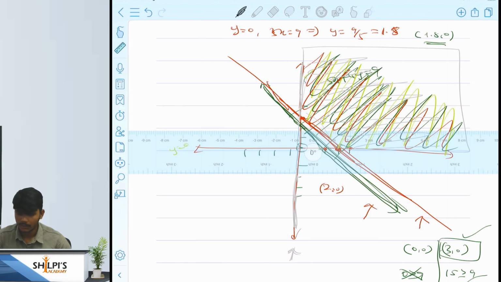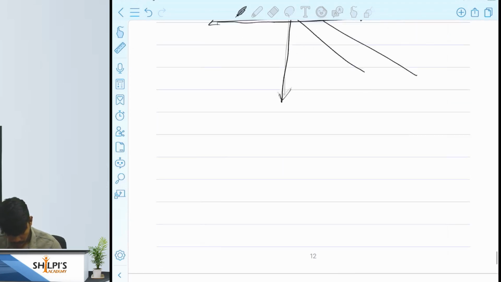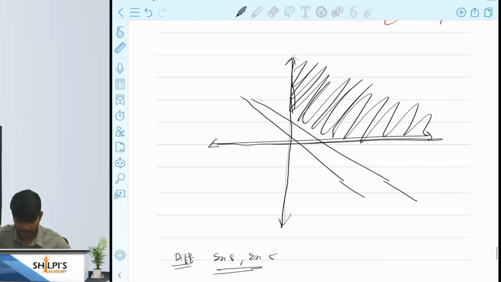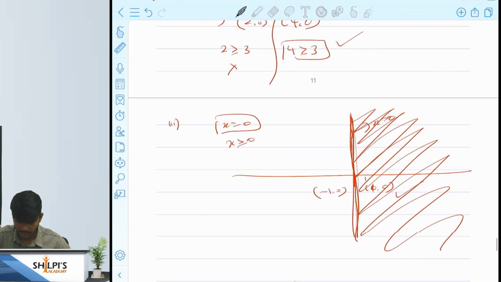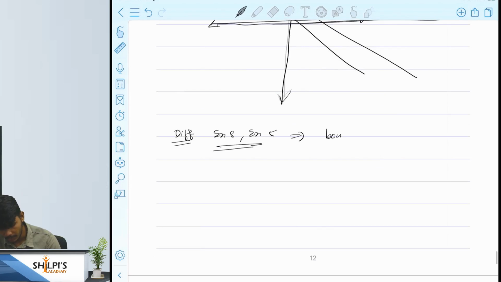So what's the difference between that example 8 and example 5, which we have done? Kindly note this. In example 5, we do not have a bounded common region.